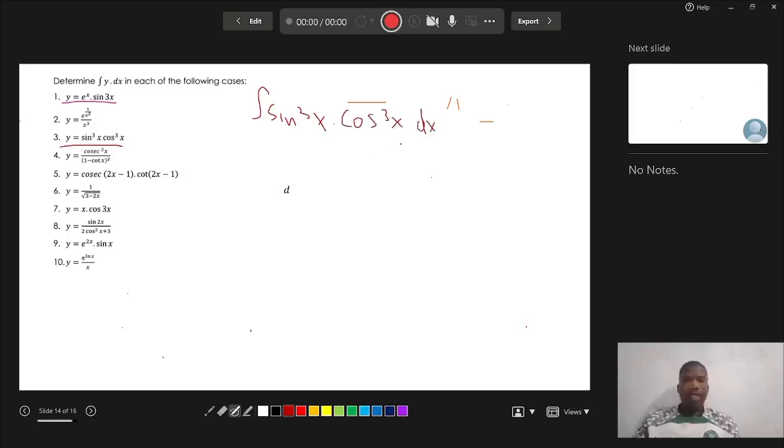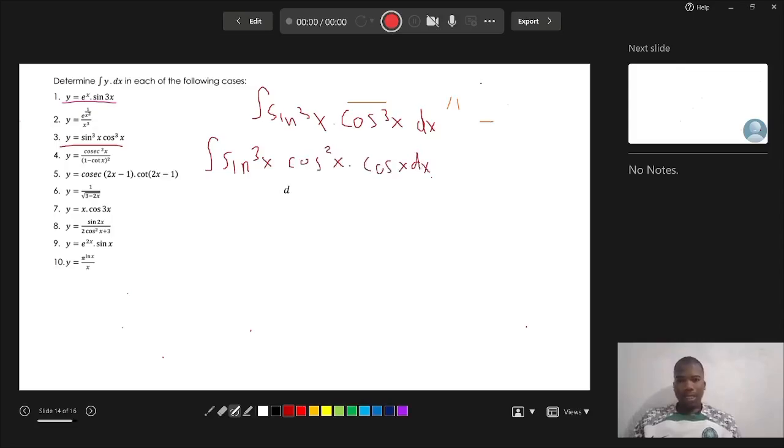So firstly, we can simplify this in order for our problem to be easier to deal with. Then we'd simplify it to sine cubed x cos squared x multiplied by cos x dx, right?